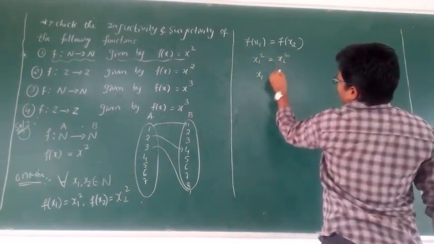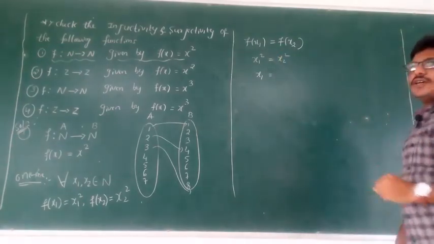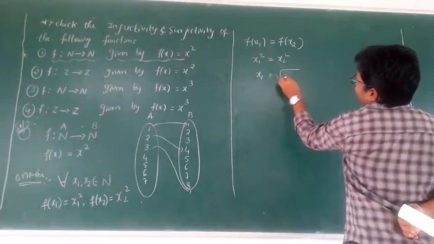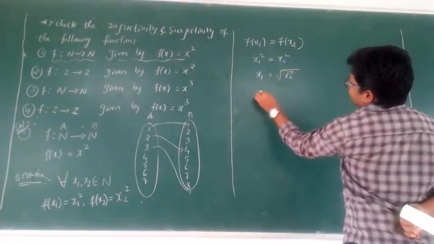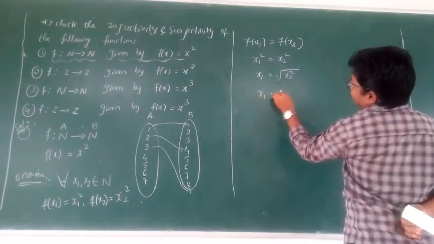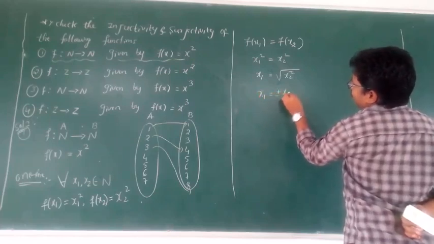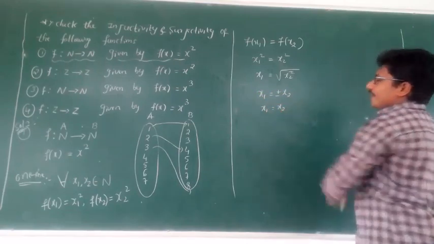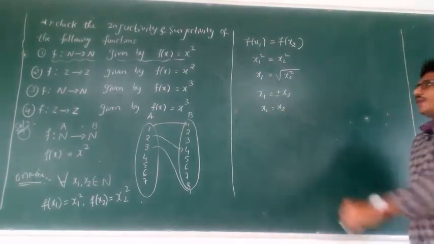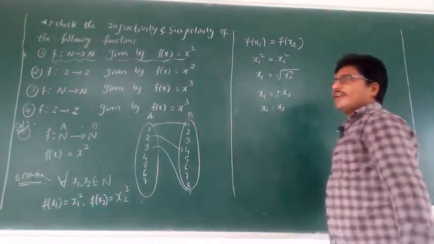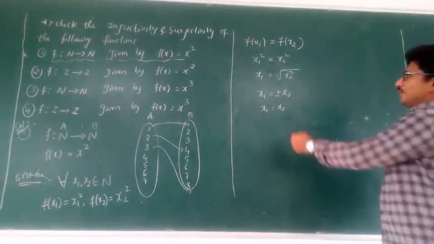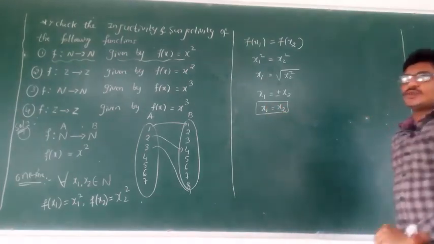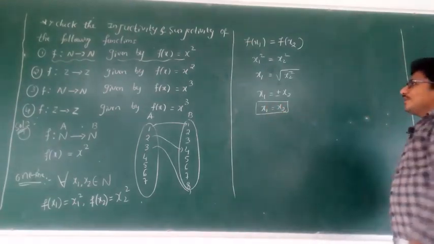Taking the square to the other side, it becomes a root. Square root of x2 square, both cancel. What remains is x1 equals plus or minus x2. What we need is x1 equal to x2. The negative is not considered, because those two sets contain only natural numbers. Negative numbers do not come here, so we take only x1 is equal to x2. Okay? So x1 is equal to x2.